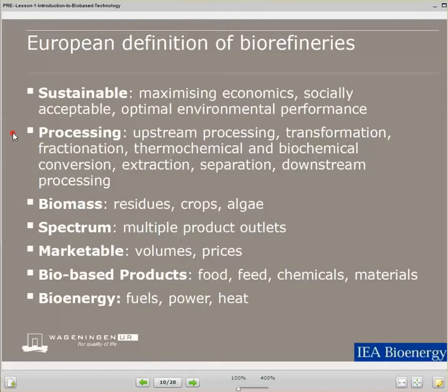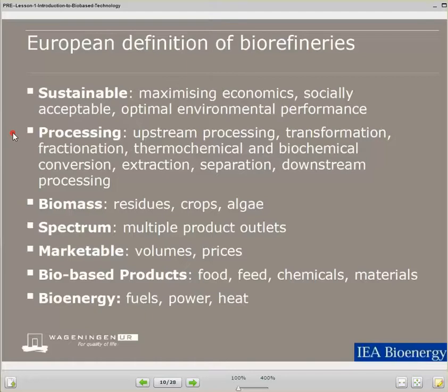The processing must be upstream processing, meaning it doesn't have to go very far down the line to be processed. So if the biomass is in the Netherlands, it should be processed in the Netherlands. Yes, that's called upstream processing. It must be transformational, so just pressing something together, a mechanical process, is not enough.